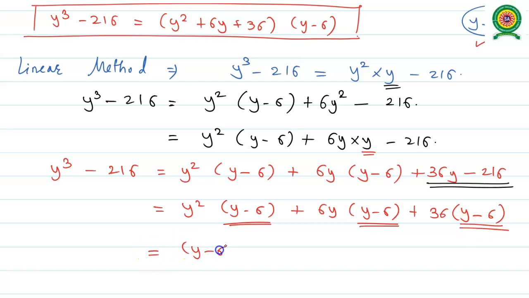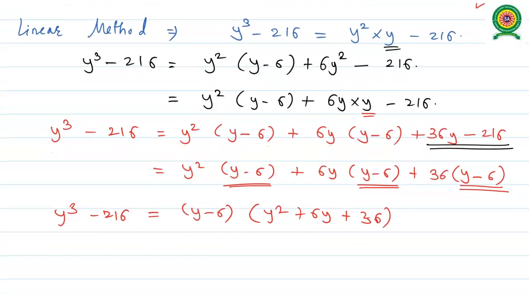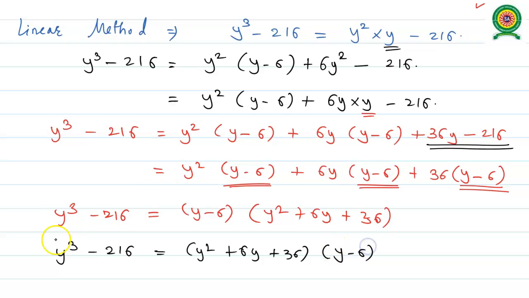Once we take y minus 6 common, we remain with y square plus 6y plus 36. So y cube minus 216, as per the linear method and Euler's formulation, is of the form, I am writing the quotient first, y square plus 6y plus 36, into the divisor y minus 6.